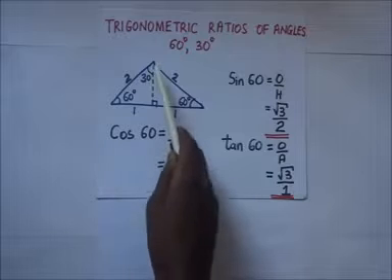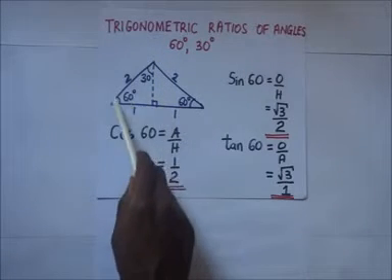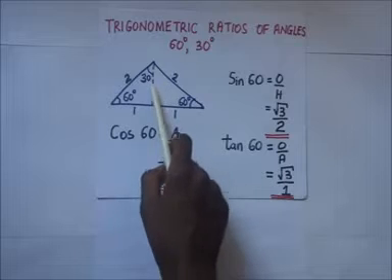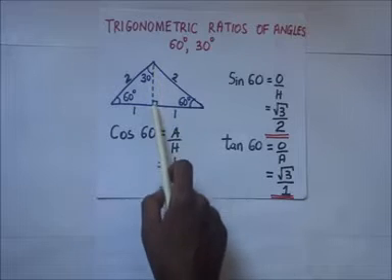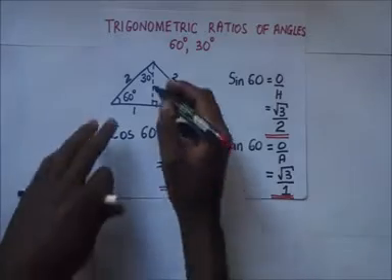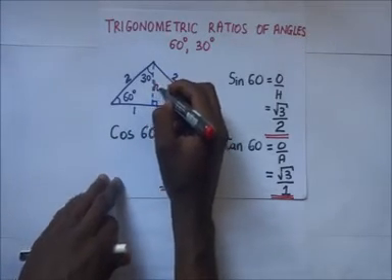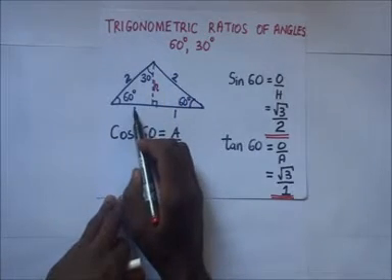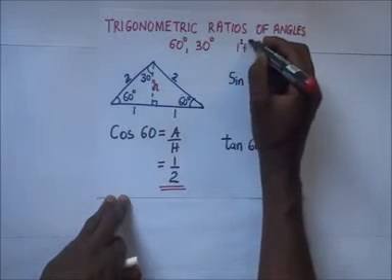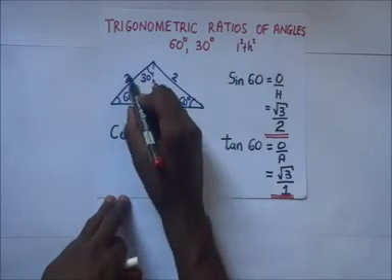Remember that when we dropped this perpendicular from this point to here, we formed the right angle triangle, but we do not know the height of this. So to get this height, we used Pythagoras theorem. If we call this our value h, we said 1 squared plus h squared is equal to 2 squared.